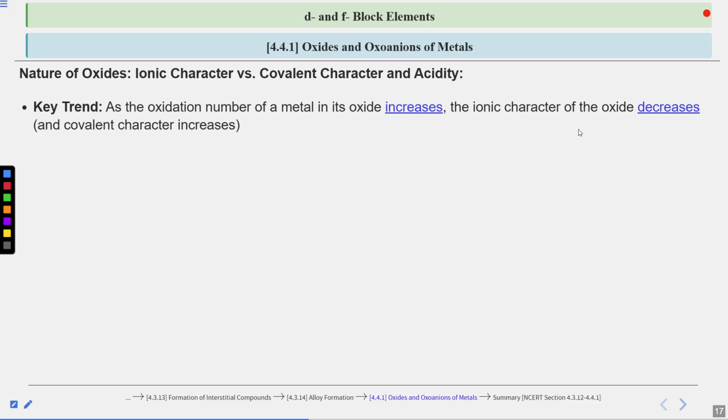If ionic character is decreasing for an oxide, covalent character is going to increase if the oxidation number of the metal in the oxide is increasing.